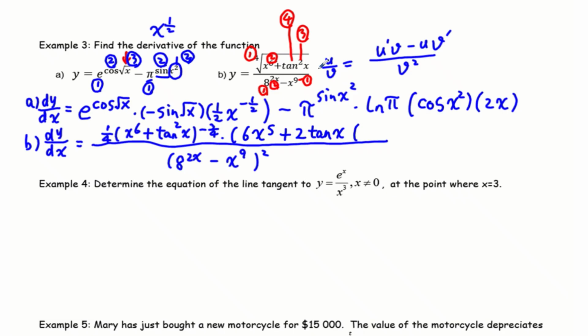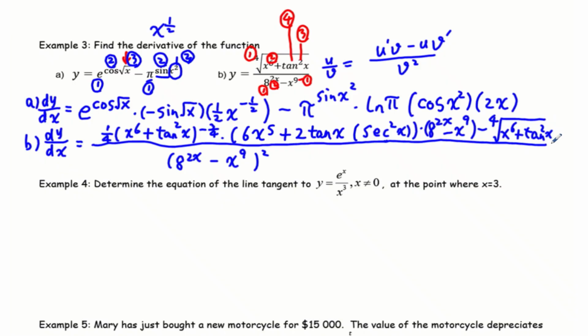Then continue. Solve for the tan. Derivative of tan is secant squared x. Bracket. This is just u prime. Then follow with the v, 8 to the 2x minus x to the 9. Then copy the u here. Then continue with the v prime.